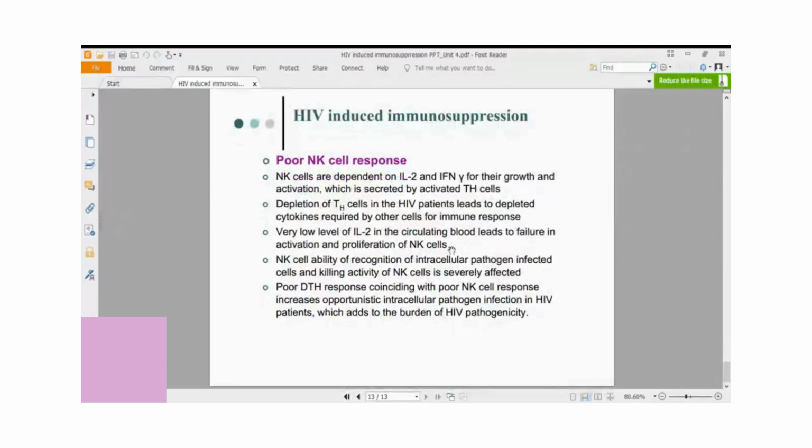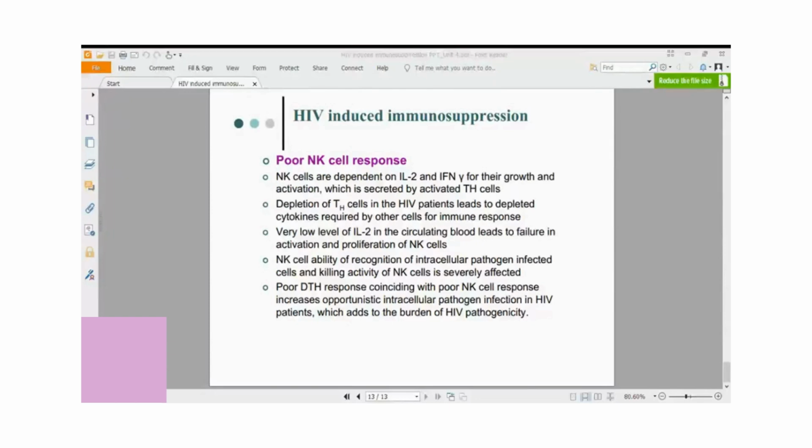So here I finish with the HIV infection related immunodeficiency in the person, how it causes almost all immune responses in the person depleted, including humoral immune response as well as cell-mediated immune response, and plus the responses that are responsible for the killing of the viruses.